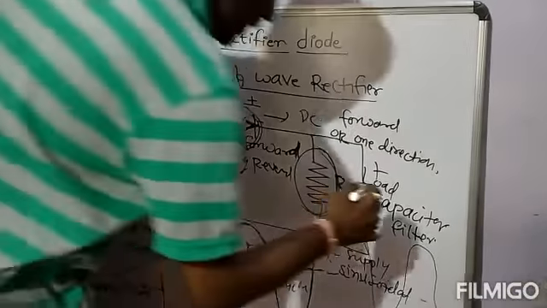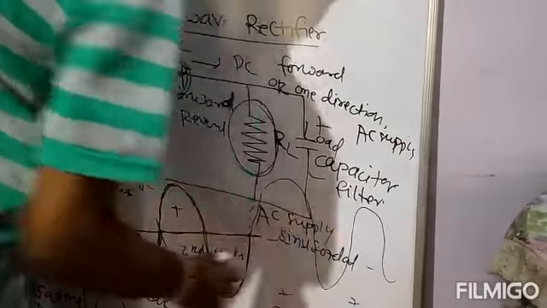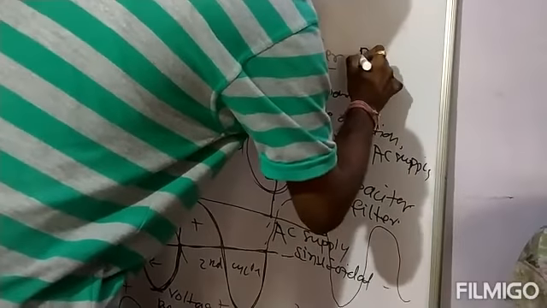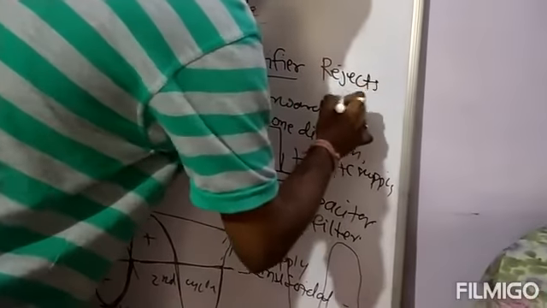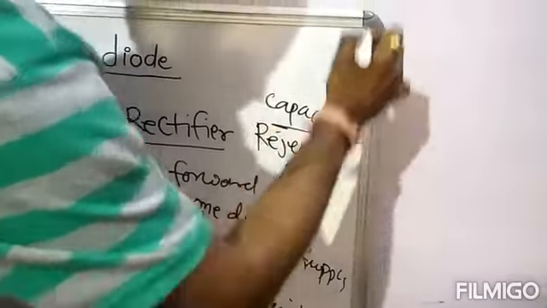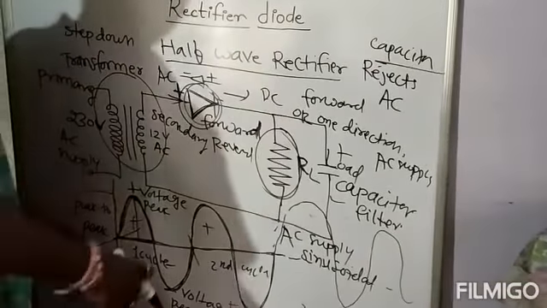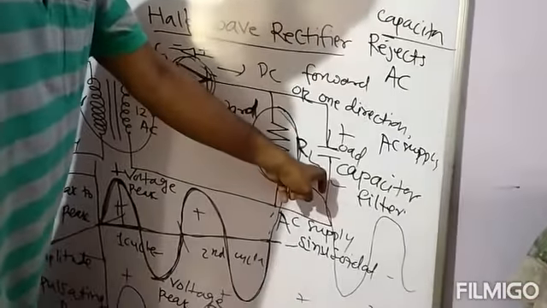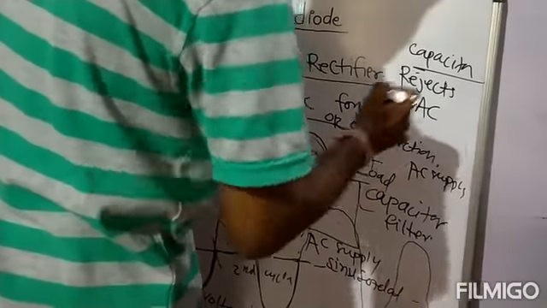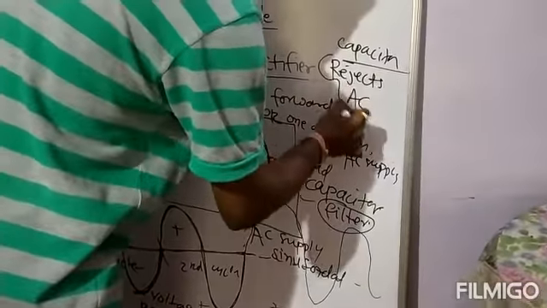It will trap the AC supply, or I mean to say, it rejects the AC supply. Rejects AC. The AC supply is present in the circuit, but whenever we connect a capacitor across this load, it works as a filter and rejects the AC supply.